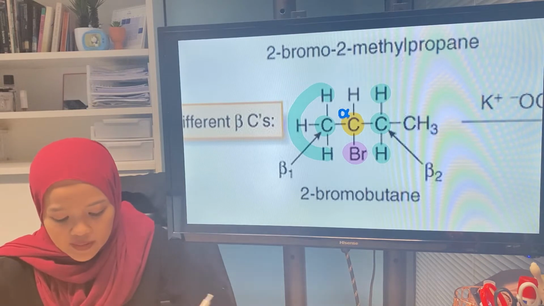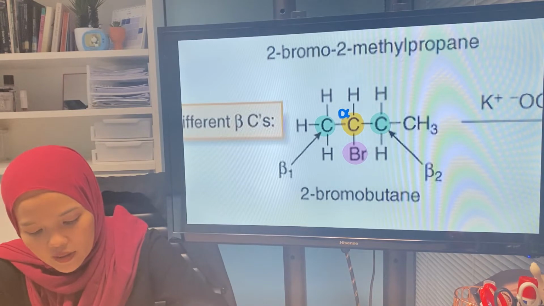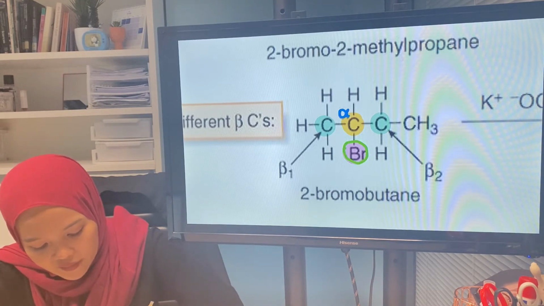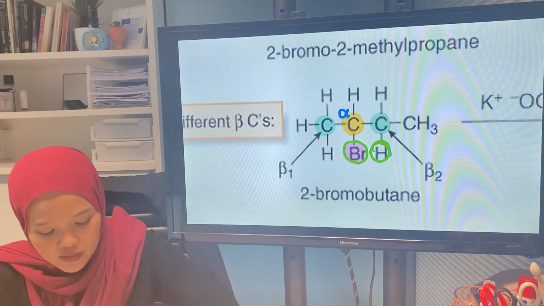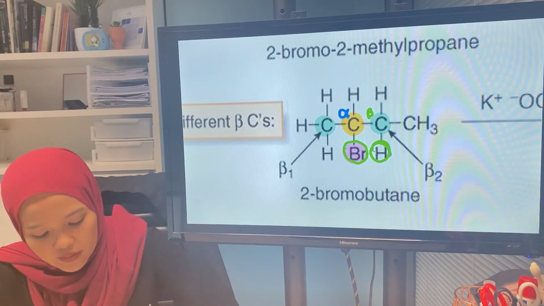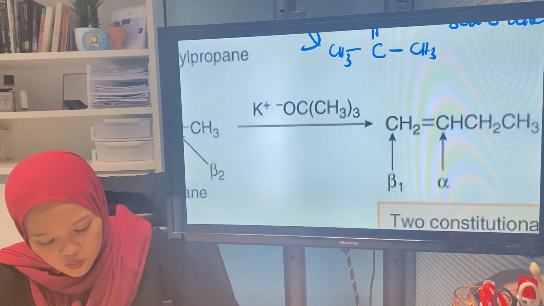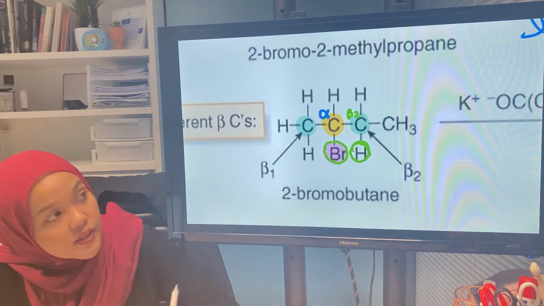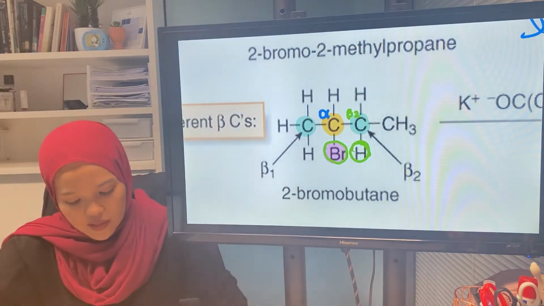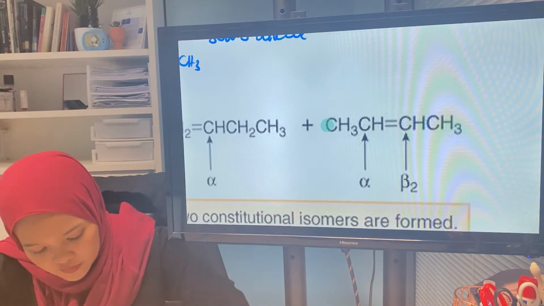So they are different. When we talk about the beta hydrogen, let's say I remove the Br and this beta hydrogen, from beta carbon 2. If I remove this one, the bond will form between alpha and beta 2, so it is going to form this compound.